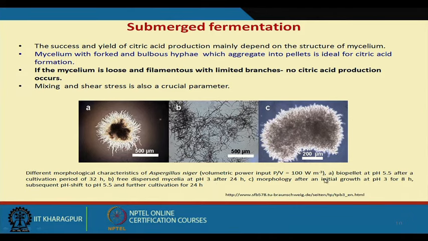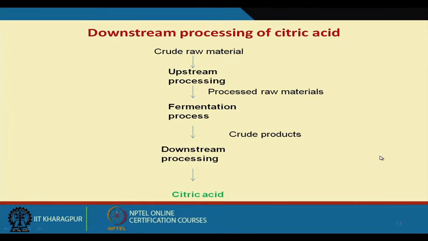And the morphology after initial growth at pH 3 for 8 hours, subsequently shifted to 5.5 for 24 hours, is like this. So you can see how the morphology of the organism differs from time to time. Now, if you look at the citric acid production process, it can be broadly divided into these steps.